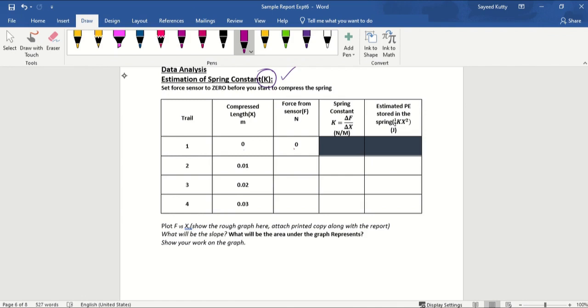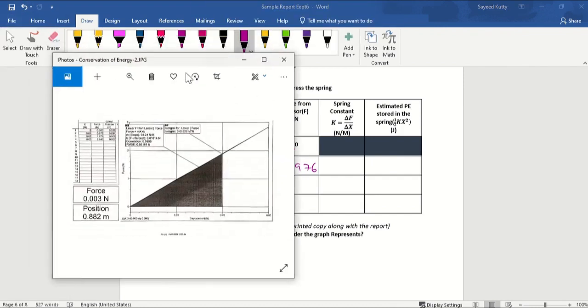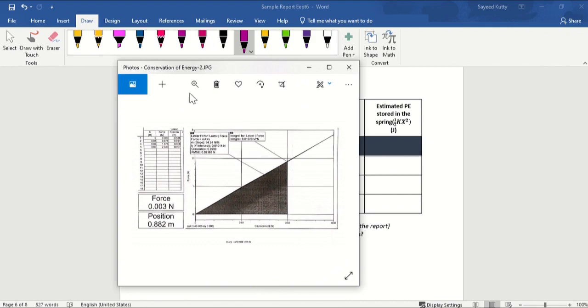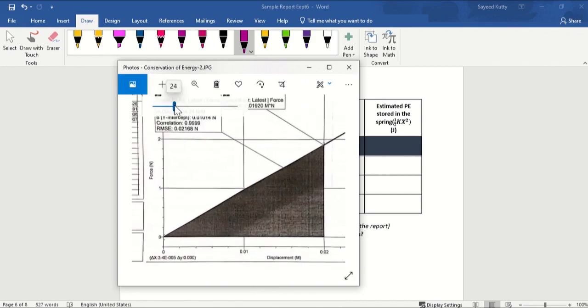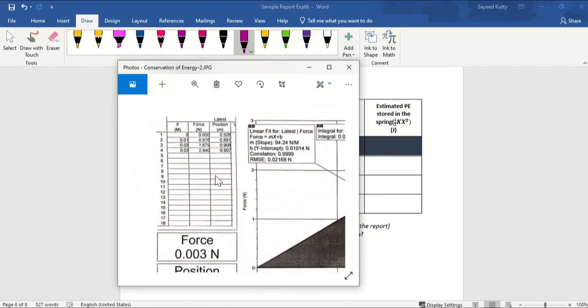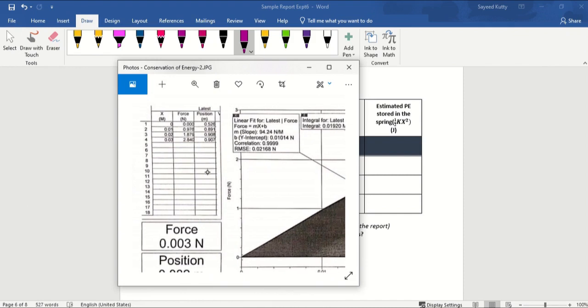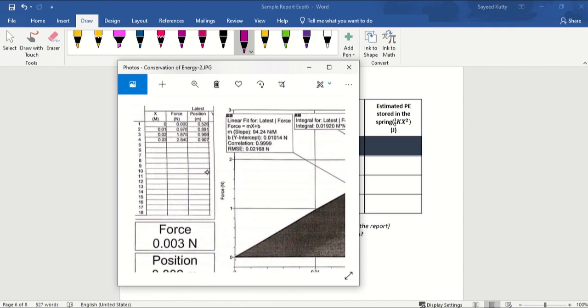Now for the second point, from the table you can see that when I displace this to 1 centimeter, the force is 0.976. If you want to see, I can show you a little bit enlarged. The next one is 1.879, then 2.840 for 3 centimeter.